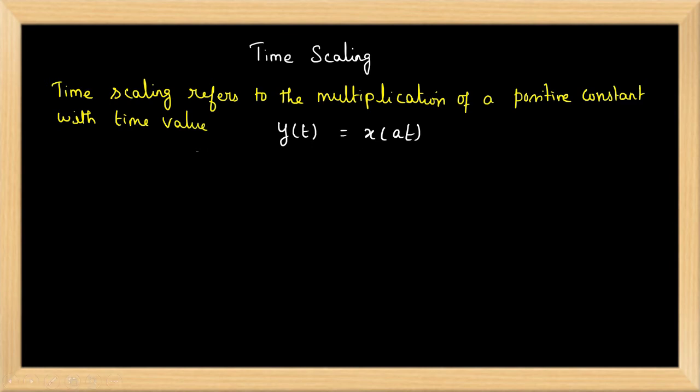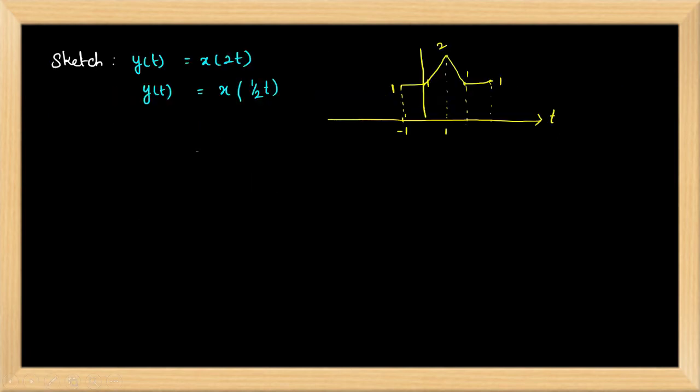If a is greater than 1, then the new signal will be the compressed version of our original signal x of t. If a is less than 1, then the new signal will be the expanded version of our original signal x of t. We will see with one example.